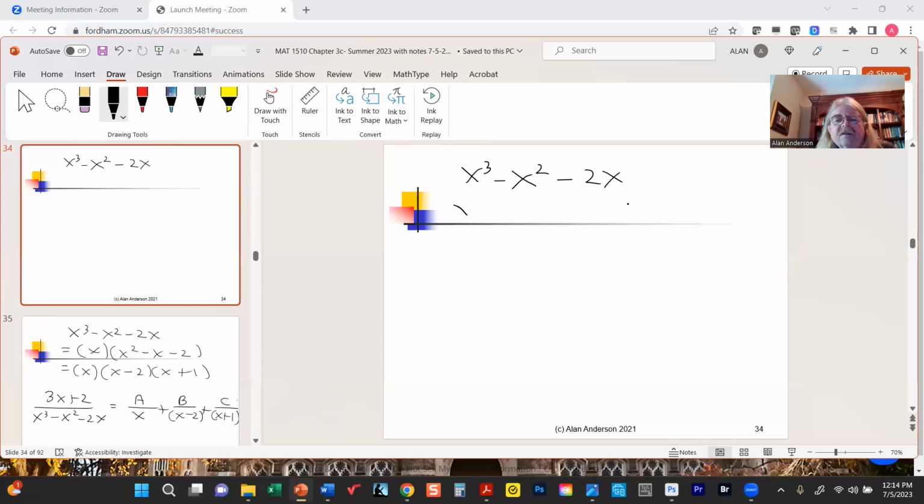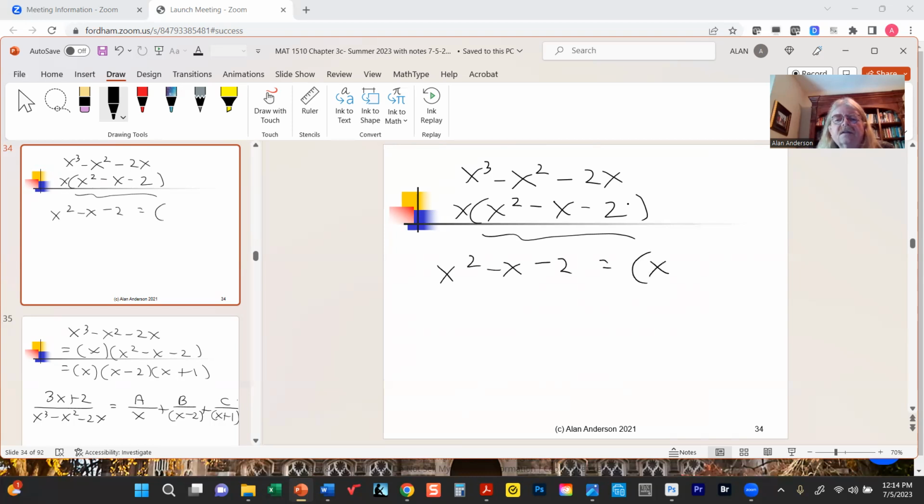Now, obviously, we can factor out an x, and that helps a lot, because now we can just factor this quadratic expression into x plus 1 and x minus 2.